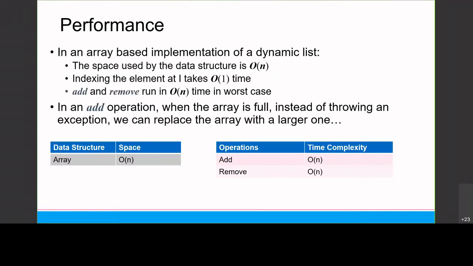Then when you do your team project, you need to understand how this operation works, and then you need to analyze your performance. So in this case, this array is implementing O(n) space. Do you know what it means by the space?